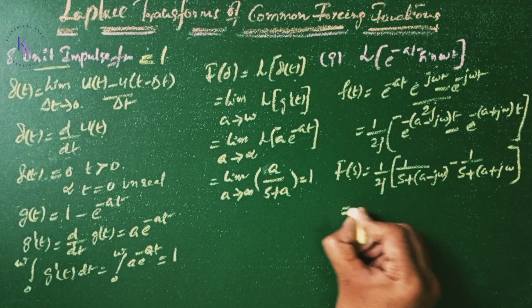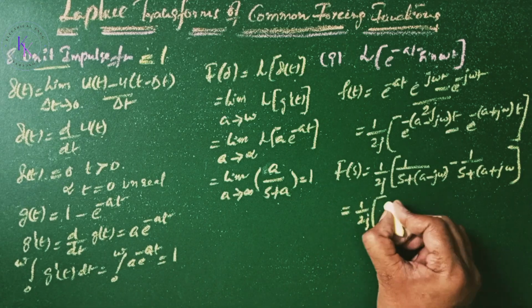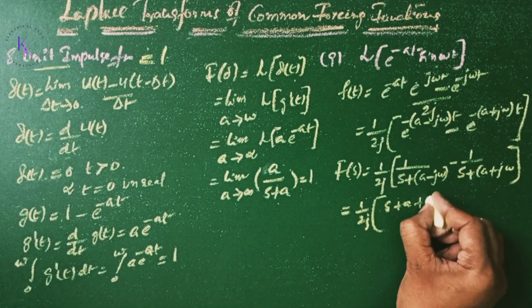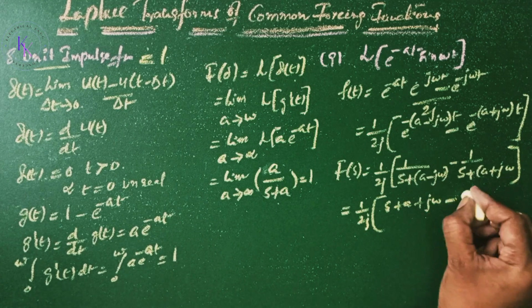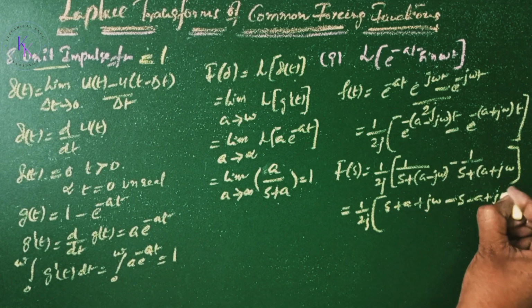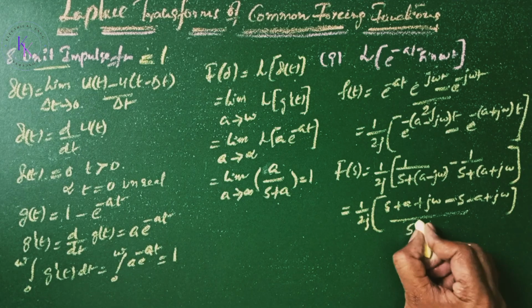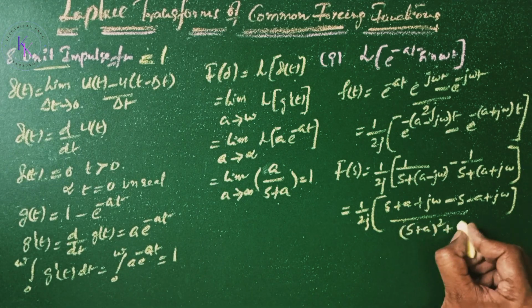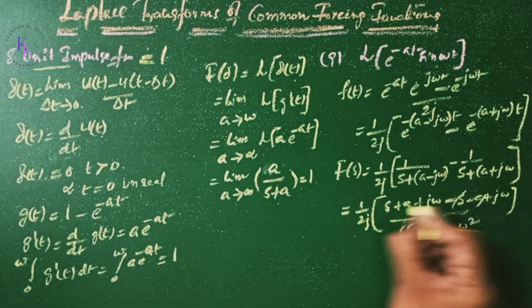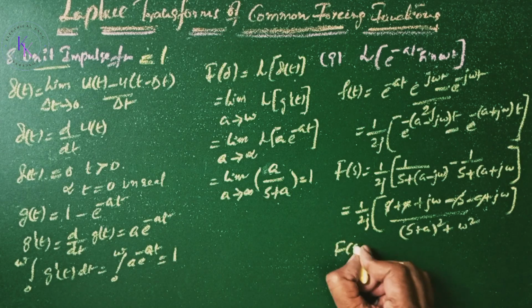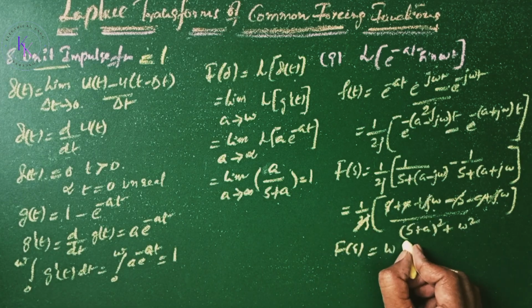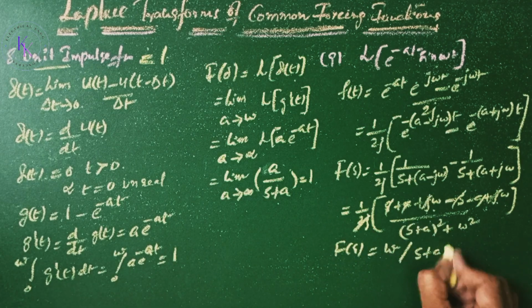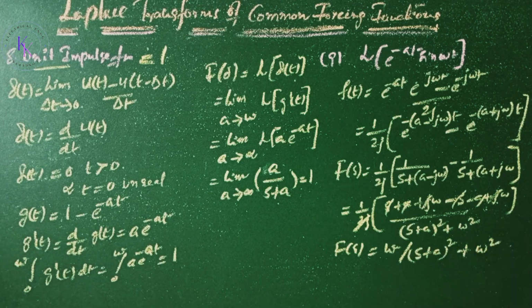Now let us solve this. 1 by 2j of s plus a plus j omega minus s minus a plus j omega divided by s plus a whole square plus omega square. F of s equals omega divided by s plus a whole square plus omega square.